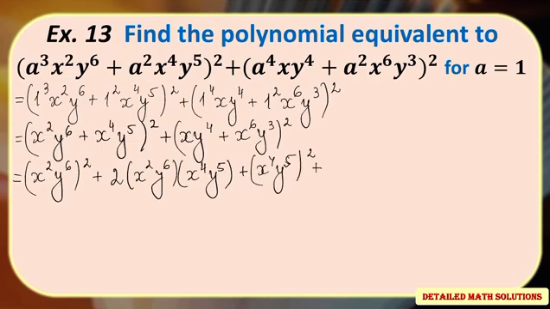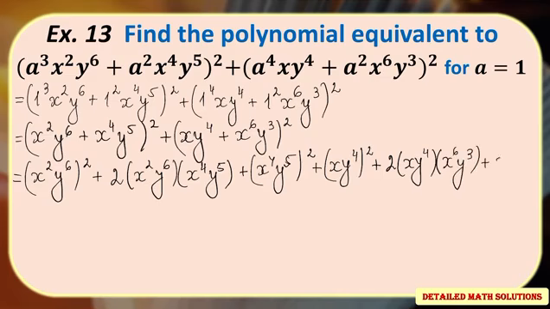So next step, I'm going to apply the formula for binomial square for the second binomial. In this way, I get xy to the 4th in parentheses squared plus 2 times xy to the 4th multiplied by x to the 6th y cubed plus x to the 6th y cubed in parentheses squared.